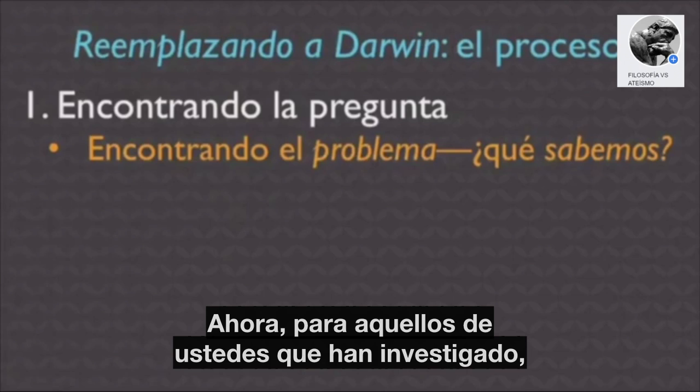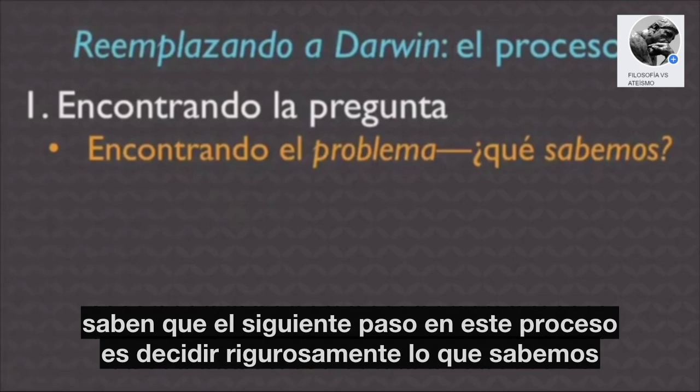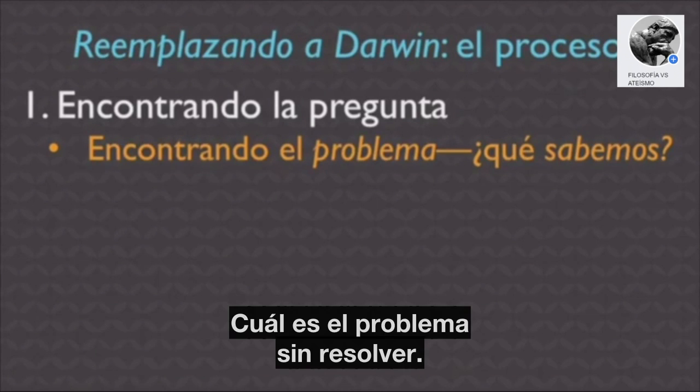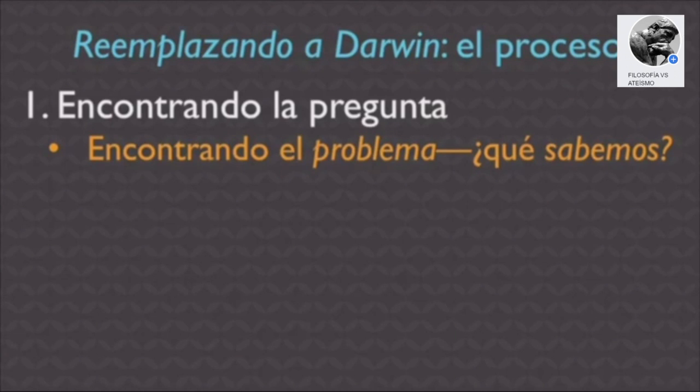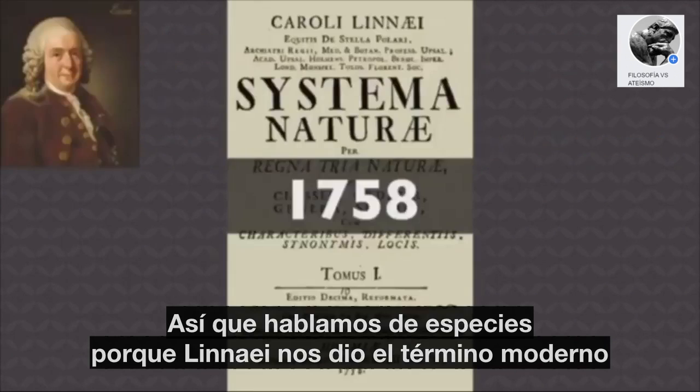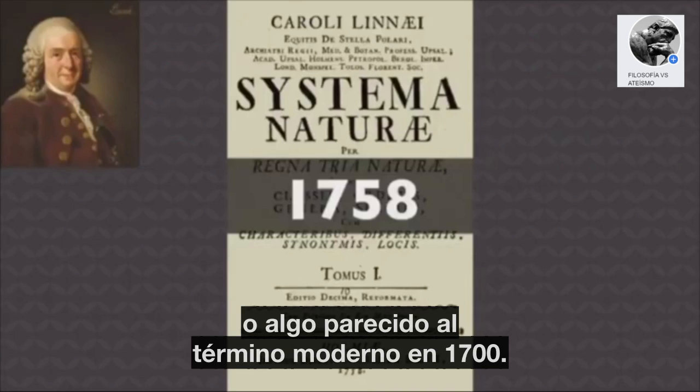Now, for those of you who've done research, you know that the next step in this process is to rigorously decide what we know and figure out what we know and what we don't know. What's the unsolved problem? What I want to do is go back before Darwin and set up this context. So we talk about species because Linnaeus gave us the modern term, or something close to the modern term, in the 1700s.